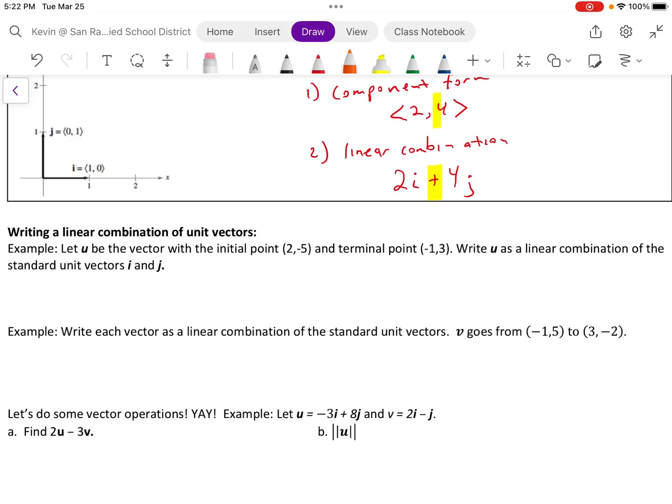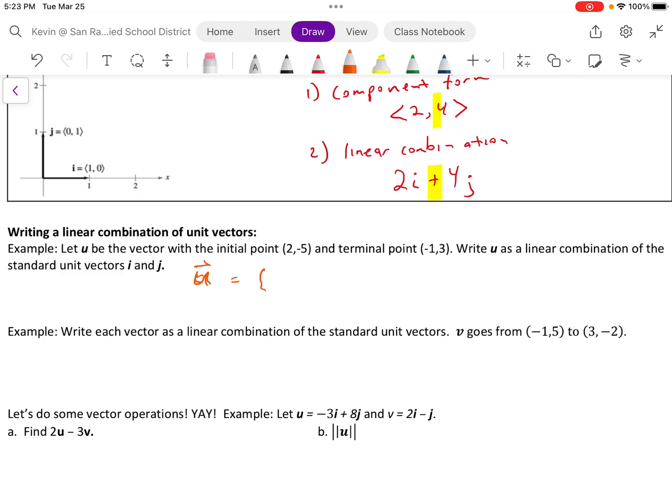It says, let u be a vector with the initial point (2, -5) and a terminal point of (-1, 3). Write u as a linear combination of the standard unit vectors i and j. So this is vector u, and we're writing it in terms of i and j.